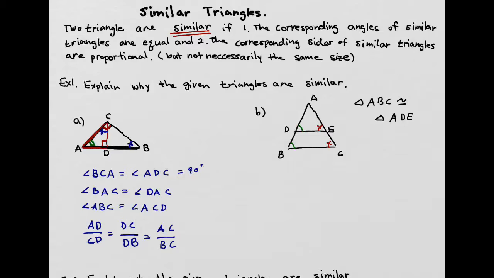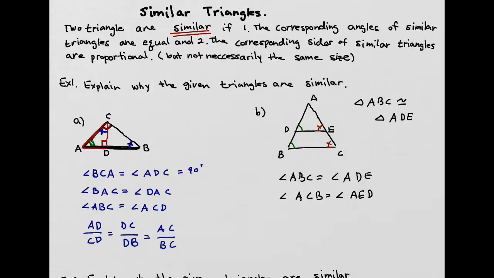And let's see, in order to have similar triangles, don't forget that all three angles have to be the same, and it looks like angle ABC is equal to angle ADE, and angle ACB is equal to angle AED. That's given, right? So you have this green as the two same angles, and you have those red as the two same angles, right?